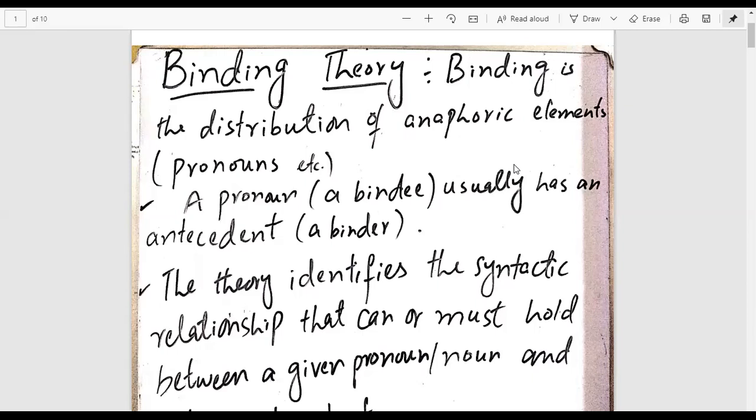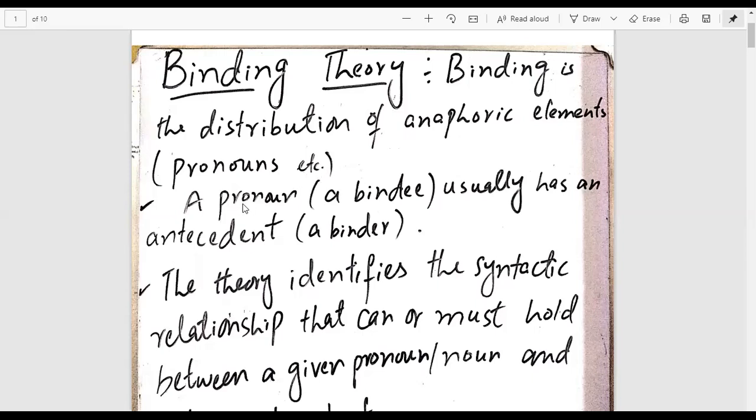Anaphoric elements can be pronouns, that is he, she, it, him, her, their, etc. And it can be reflexives like yourself, myself, etc. Reflexive pronouns can also fall under the category of pronouns. So anaphoric elements will include pronouns, sometimes reflexives, and also words like each other, one another, etc.